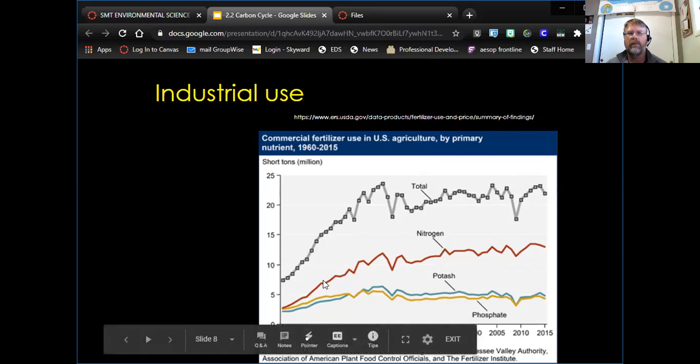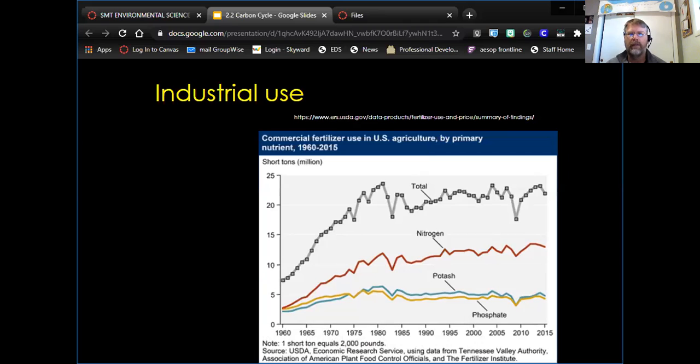So if you look at this, this is going back quite a few years. If you look at it from 1960 on, we've added more nitrogen to the soil and potash and phosphate. And the two I want to talk about right now are the nitrogen and phosphorus and the phosphate.